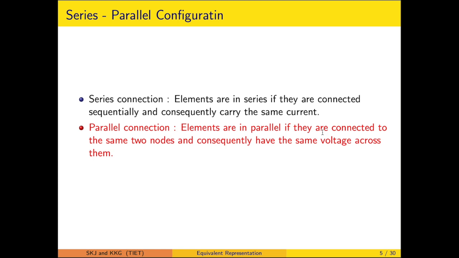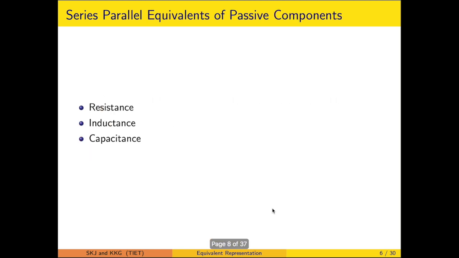For the parallel connection, they are connected between the two nodes, or connected to the same nodes, and consequently have the same voltage across them. So basically you identify a node pair, and whatever elements are connected to those node pairs are regarded as parallel connections.